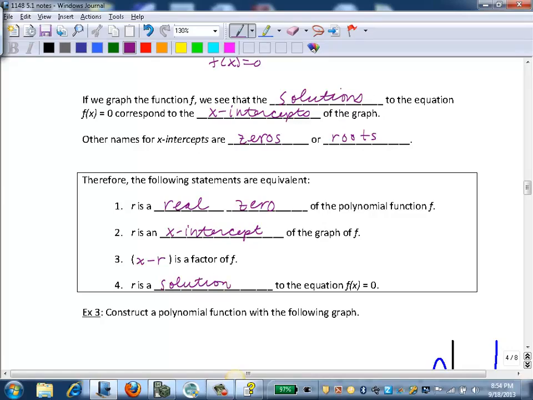And this is a very powerful relationship, these four different ways of saying the same thing, and we'll come back to this several times in this chapter.